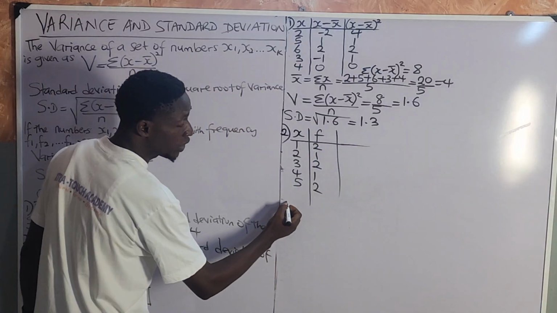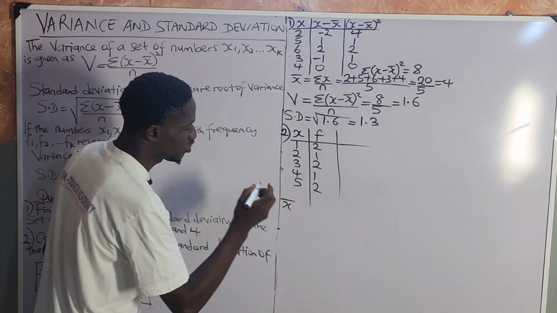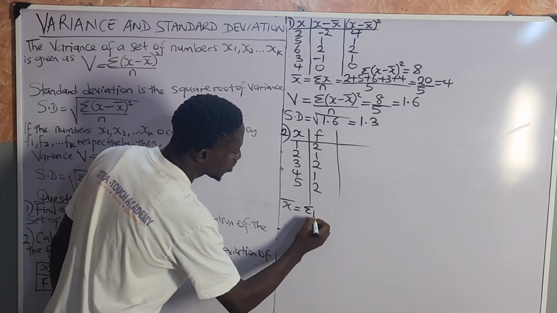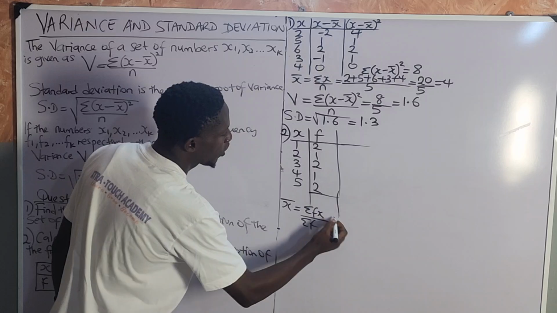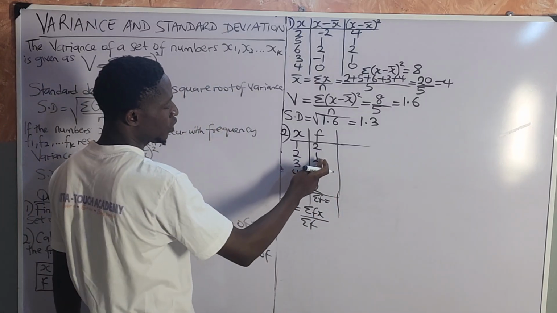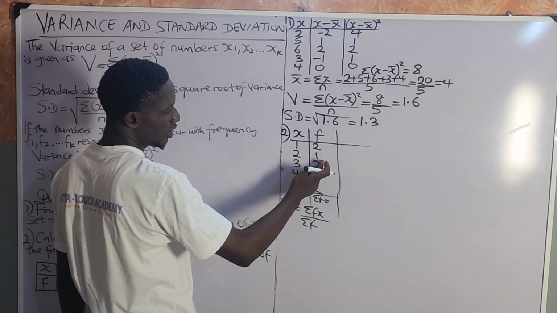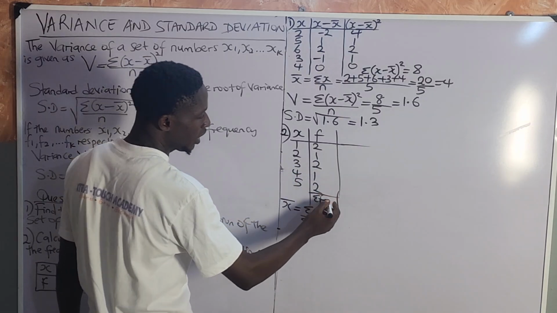First of all, we need to get our mean. The formula for the mean when you have a frequency distribution is the summation of fx over the summation of f. So for the summation of f: 2 plus 1 is 3. 3 plus 2 is 5. 5 plus 1, 6. 6 plus 2, 8.